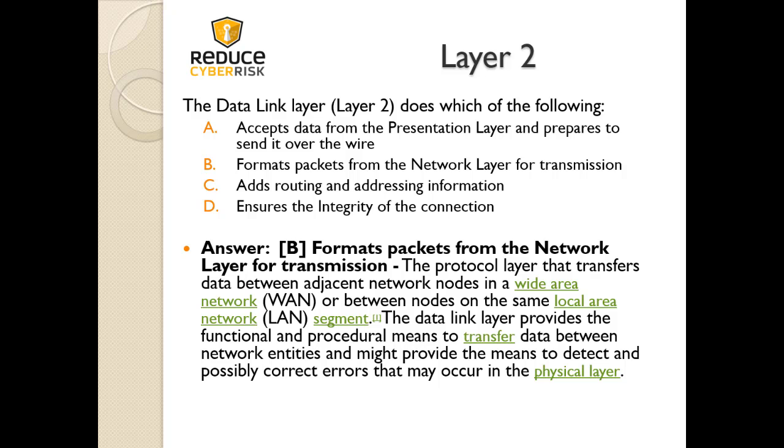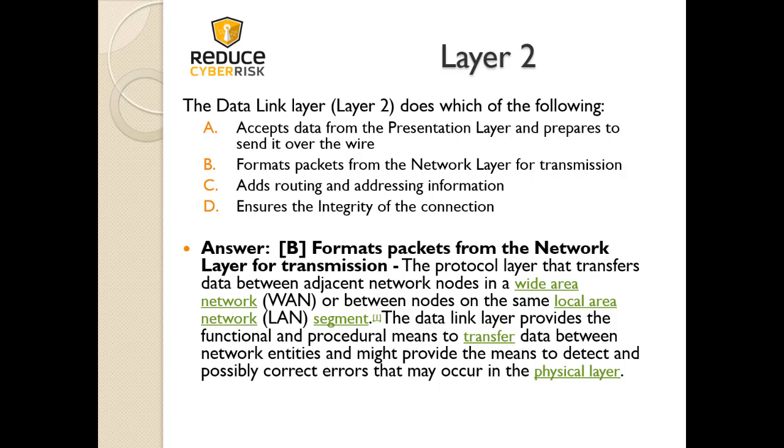Now, the data link layer transfers data between network nodes. When you have your wide area network, your WAN, or your LAN, your local area network, it connects those nodes and prepares the packets to be transmitted. That's the whole purpose behind it. The data link layer provides a functional and procedural means to transfer the data between these entities, and that's where it gets the connection together.